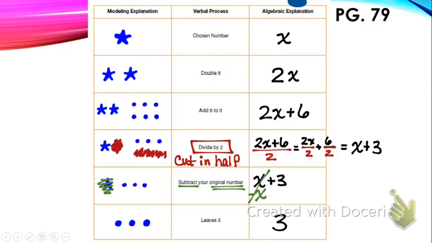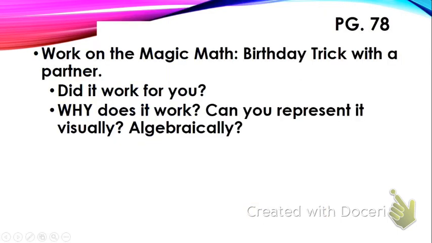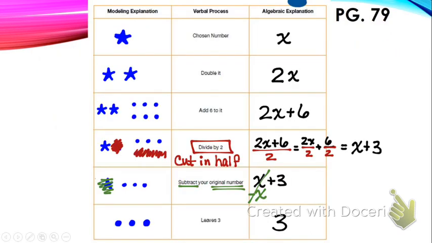I want to play another little game like this. Another math trick, if you will. I'm going to demonstrate it first, and then you guys are going to play with a partner. You guys have the directions for this on page 78, all right? And actually, I want everybody to follow along with me.